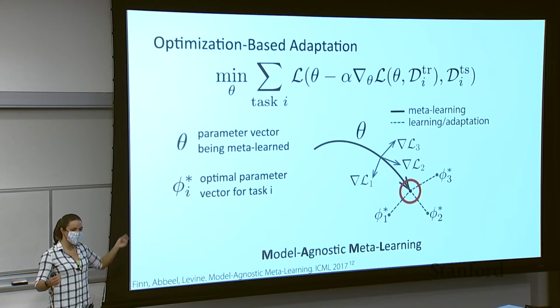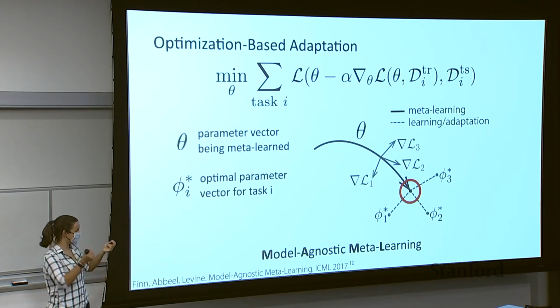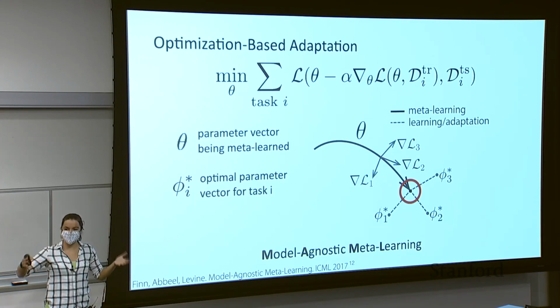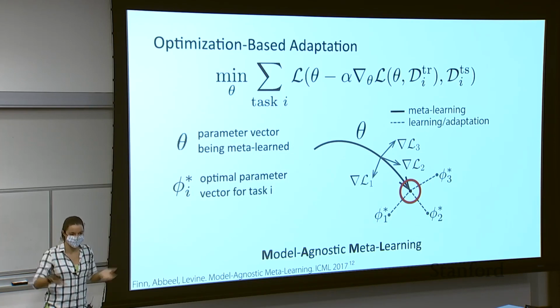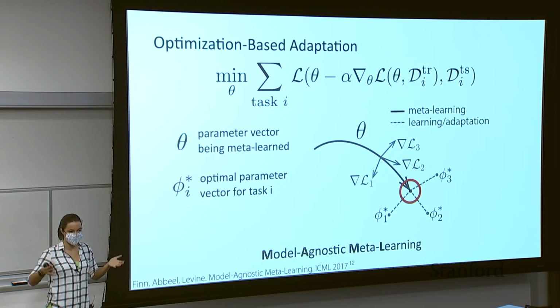But in reality, you won't just have a single good parameter for that task. In reality, you have an entire space of parameters that is useful for that task. And especially as you move into higher dimensions, the space of optimal solutions and good solutions for a given task will get larger.